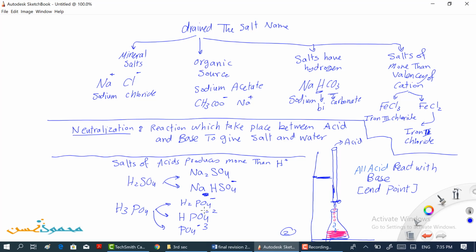Now we are going to talk about how I can determine that the salt is acidic, basic or neutral.